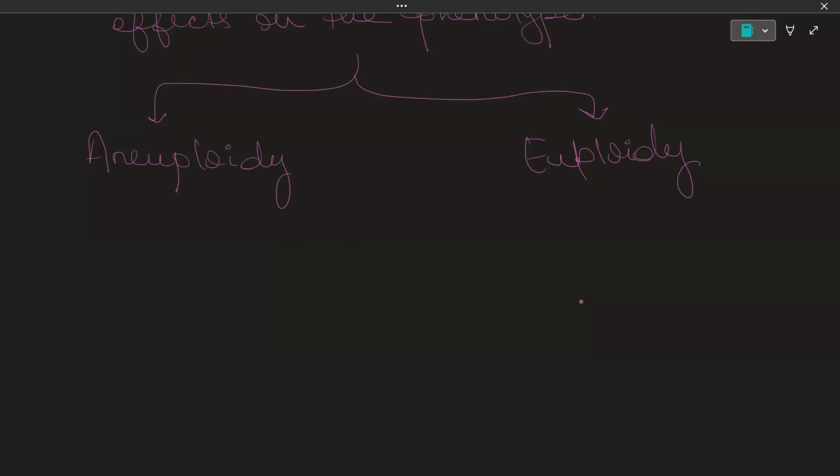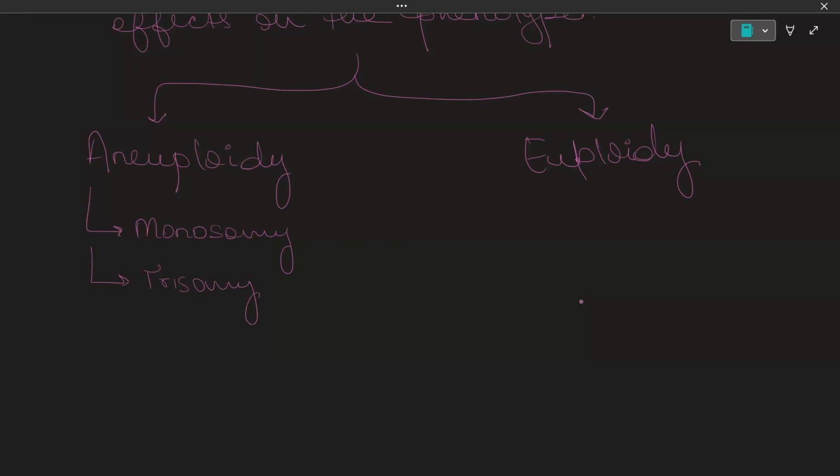Let us see what are the examples for it. Okay, let me tell you the types. First is monosomy, then there is trisomy. These are the 2 most important cases you must know from here.